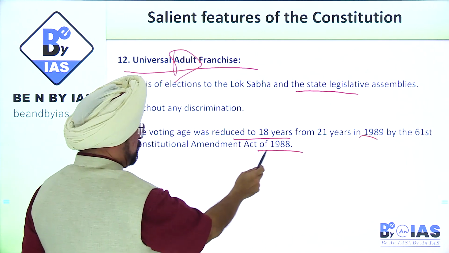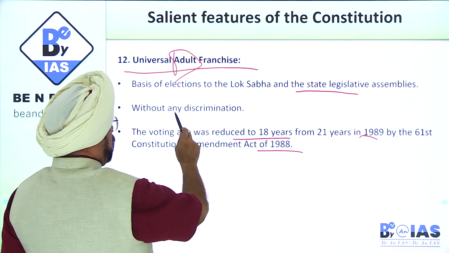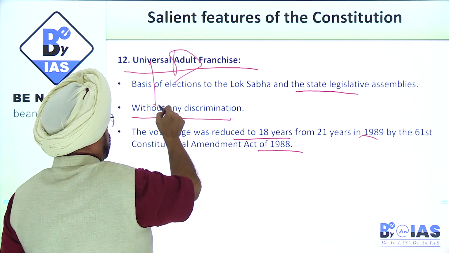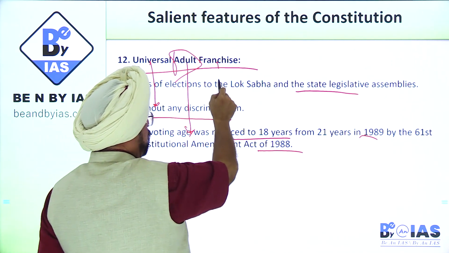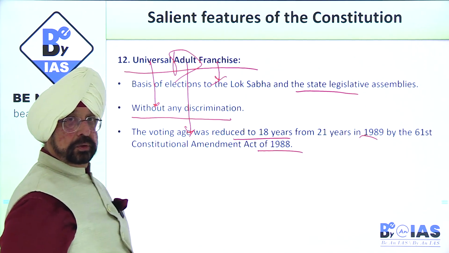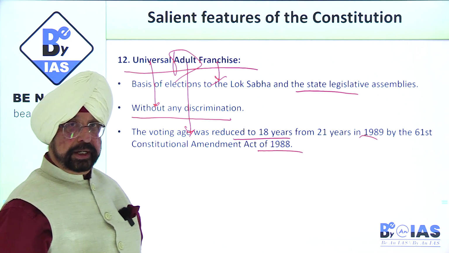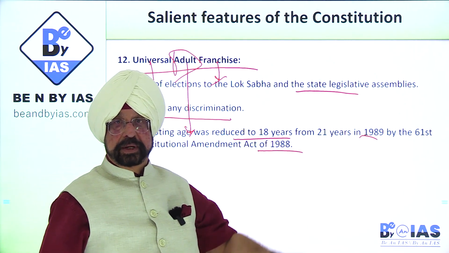So, no discrimination, that is universal. Adult is here. Franchise is vote, that you vote if you are 18 years of age and above, and there is no discrimination on that.